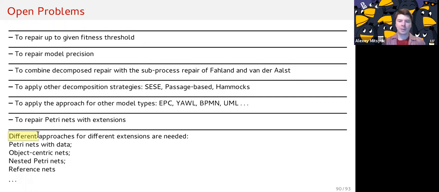So it seems to me that most repair methods which I know are conformance metric related. Then to propose good automated repair methods for Petri nets with extensions, we first have to propose good conformance checking methods for these particular extensions.